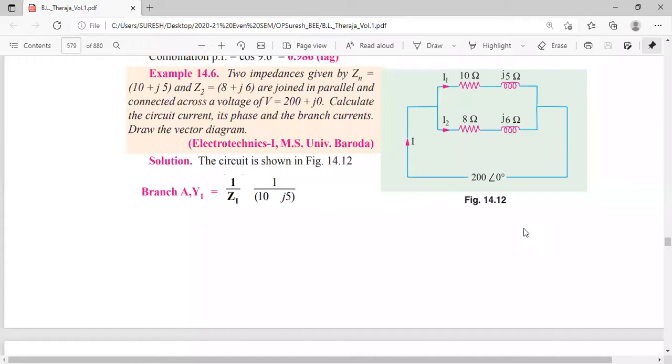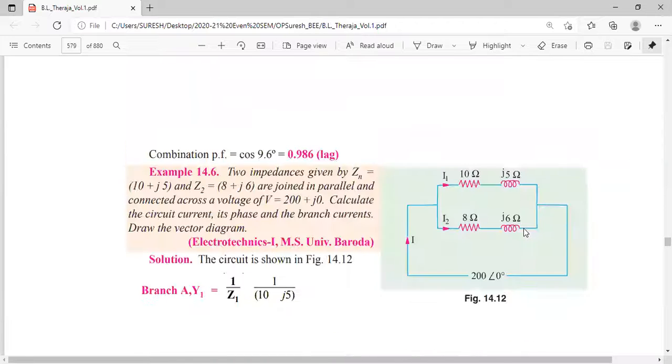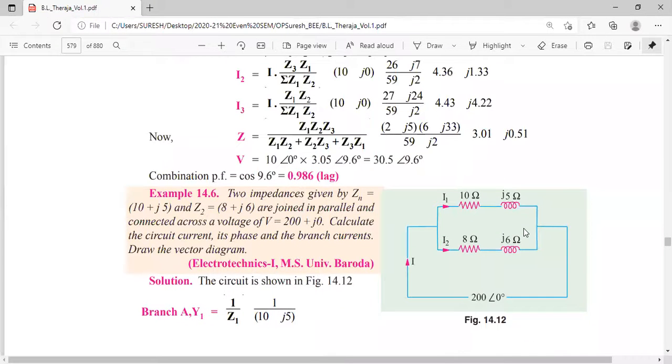A similar type of problem is given here. You can do the assignment. Example 14.6 is the assignment for you. Note down the question number. This textbook soft copy I have already sent to you. If you want the page number, it is page number 563, example 14.6. Do it as assignment.